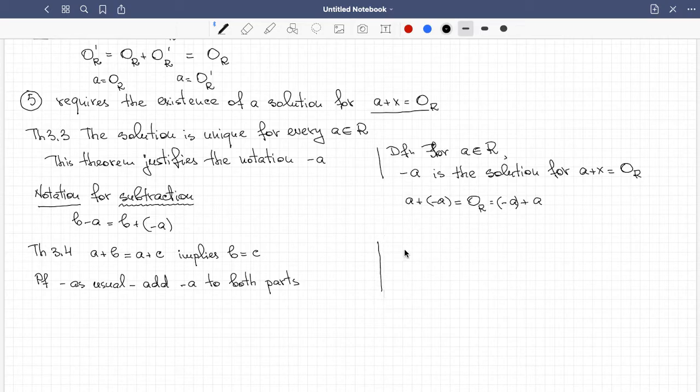And I want to remark that nothing like that in general is possible for multiplication.